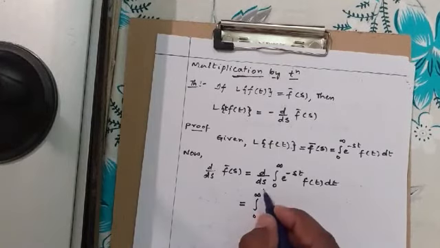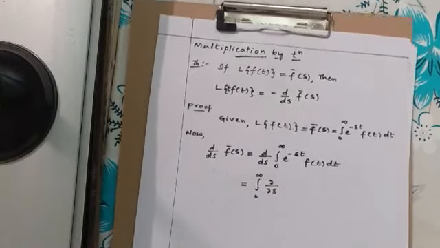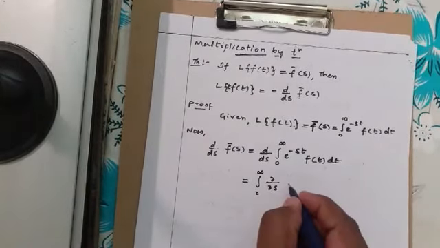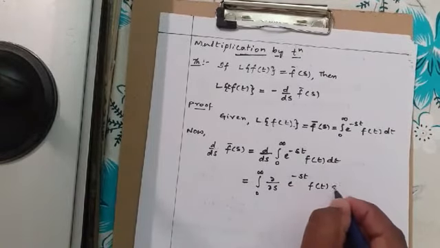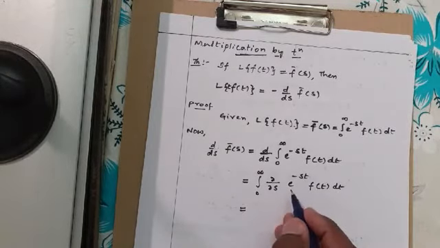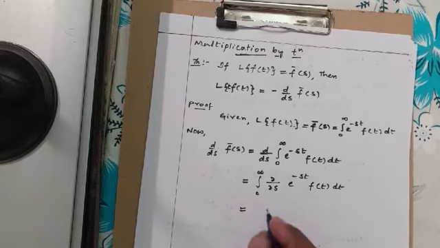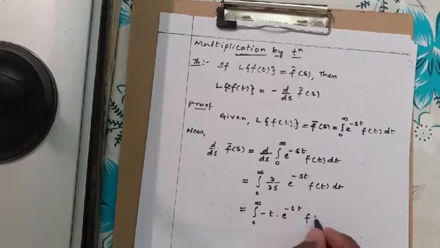infinity. Instead of d by ds, I can write dou by dou s of e power minus st f of t dt. Okay, so after writing that, this is equal to, now when you differentiate e power minus st with respect to s, this becomes integral 0 to infinity minus t into e power minus st f of t dt.